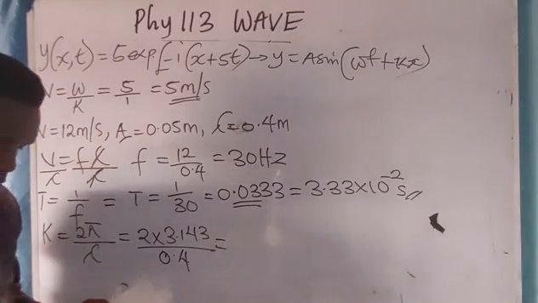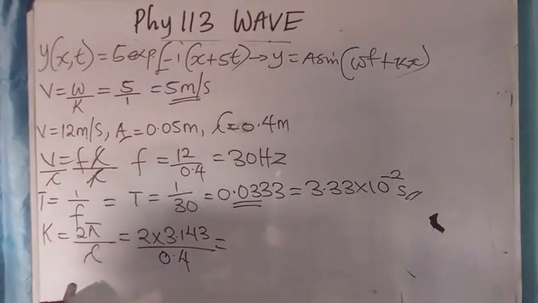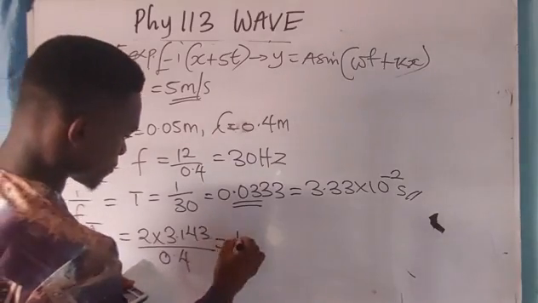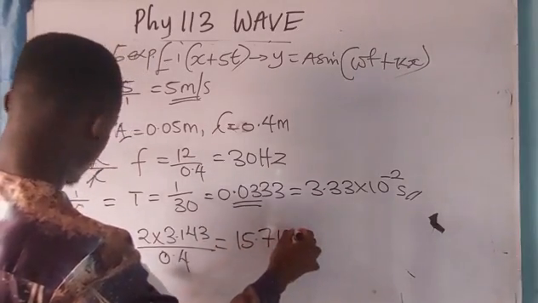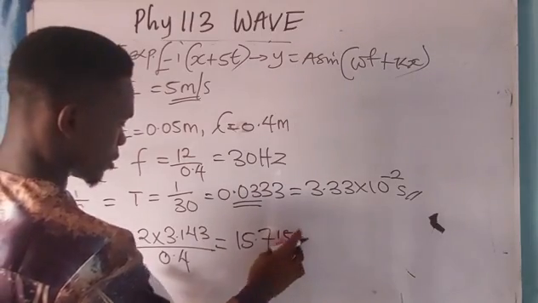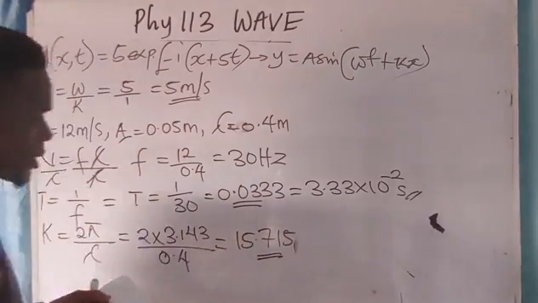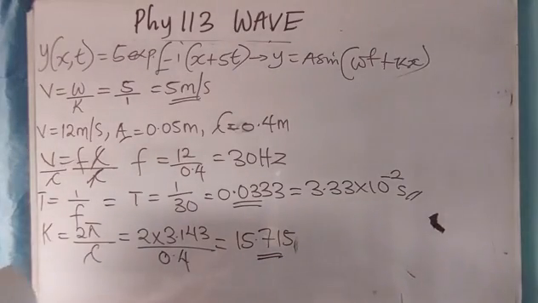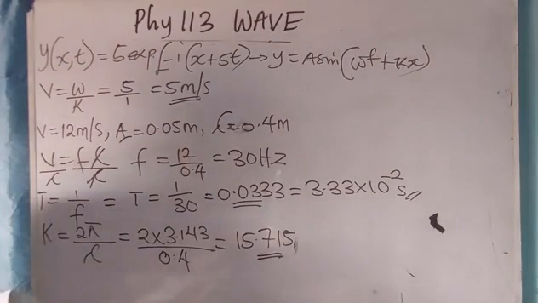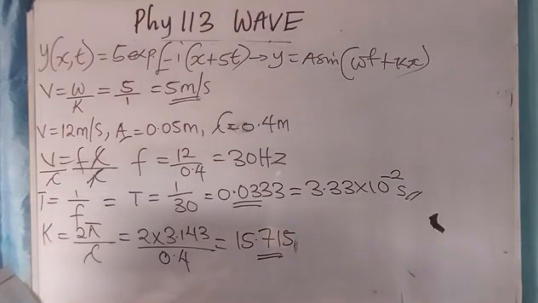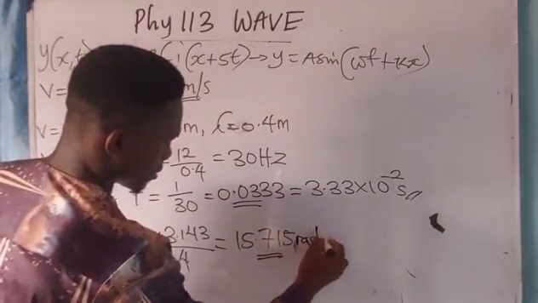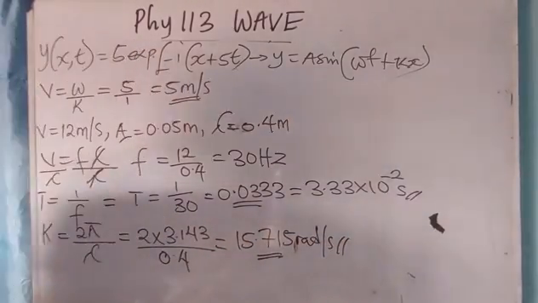So 6.286 divided by 0.4 equals 15.715. So that is the answer. Let me check. 15.7, yes. That should be rad per meter.